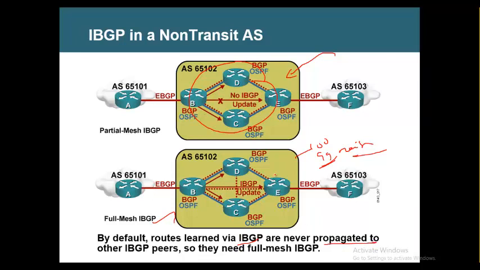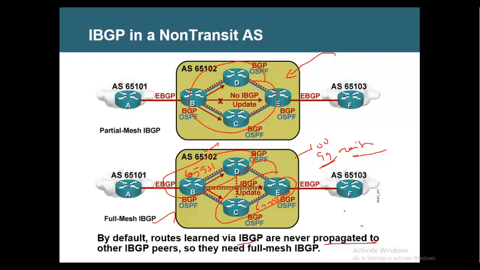What if I make two sub-autonomous systems here? The main autonomous system is this 65102. Inside I create some sub-autonomous systems, just for example, 65531 and 65532. Now, according to D and E, they are eBGP.